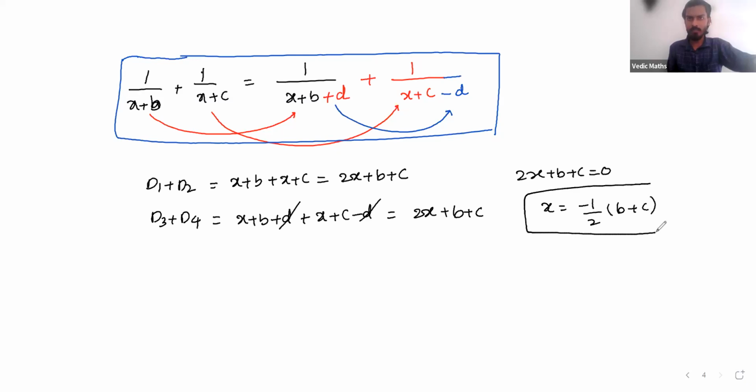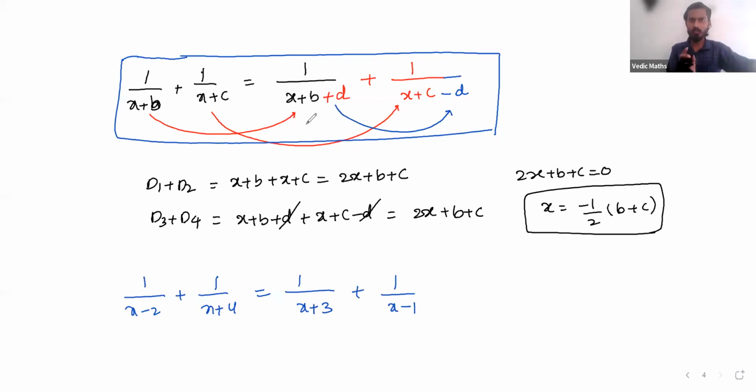Whenever questions are given, like the previous question I took, what is the question? 1 by x minus 2 plus 1 by x plus 4, equal to 1 by x plus 3 plus 1 by 1 minus x. This is the question I selected. You have to verify whether d1 plus d2 and d3 plus d4 is going to work or not.